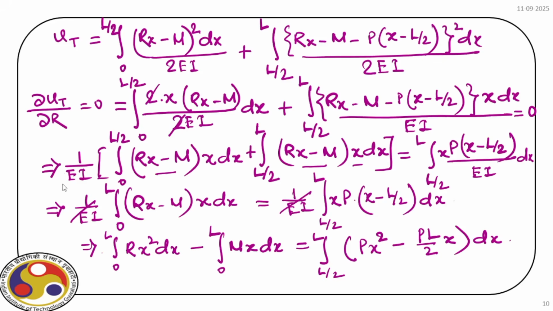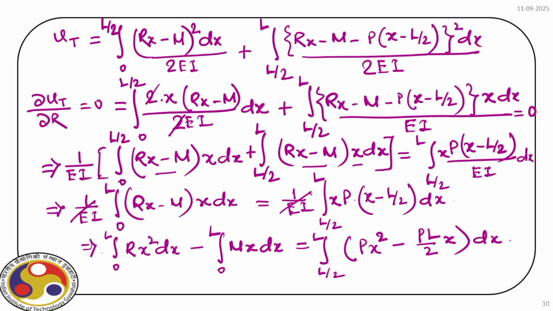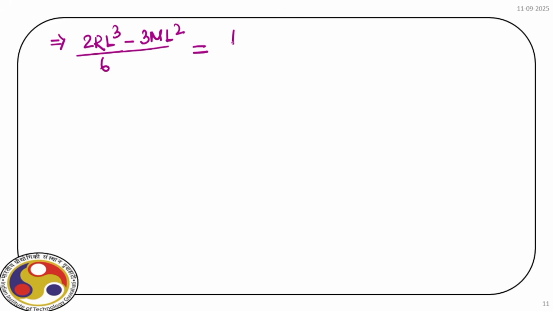Okay. So now if you simplify this expression, again, what you will get is twice RL cube divided by 6 minus thrice ML square is equal to, you can see here on the right hand side, we can complete this integral and then simplify the expression, and again I leave that exercise for you.